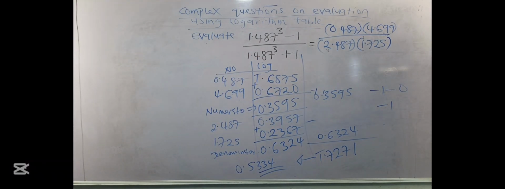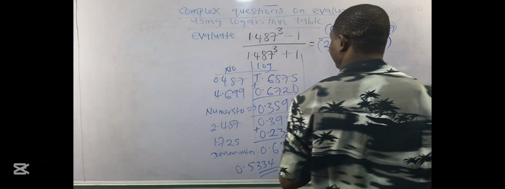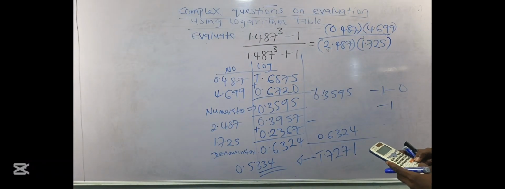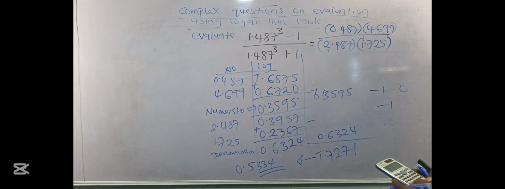So let's verify if we are even correct. Let's use our calculator. We have 1.487 raised to power 3, minus 1, equals this. So we have in brackets answer divided by in brackets 1.487 raised to power 3 plus 1, close brackets, equal.